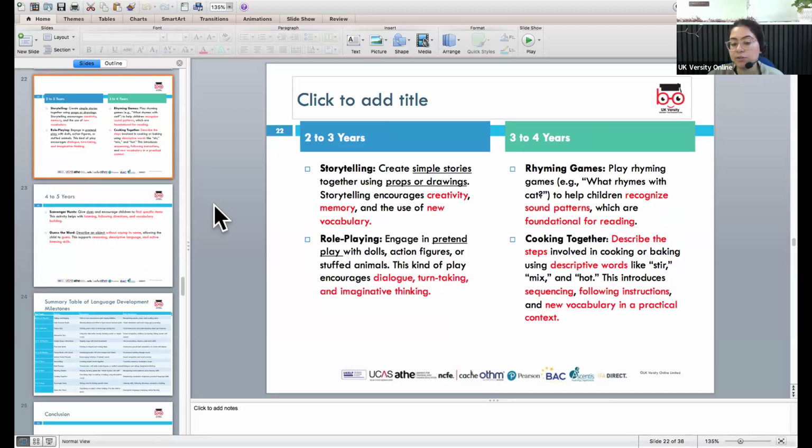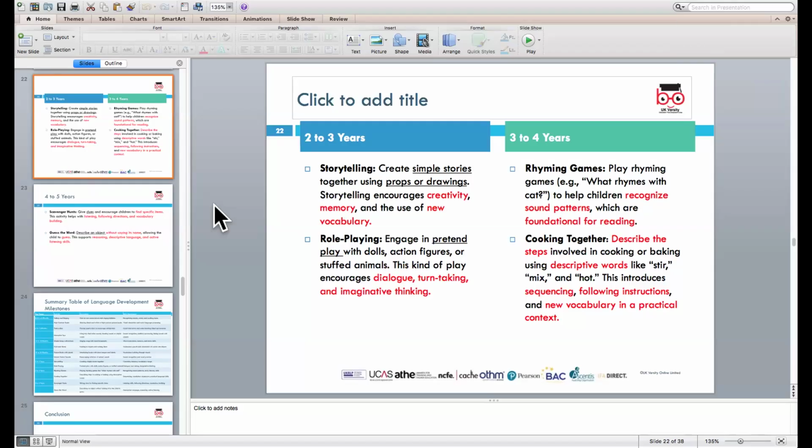This kind of play encourages dialogue, turn taking, and imaginative thinking. So in 2 to 3 years, if you practice storytelling or role playing, this can enhance their creativity, their memory, and help them learn new vocabulary. Also, play encourages dialogue, turn taking, which is pragmatic, and imaginative thinking.